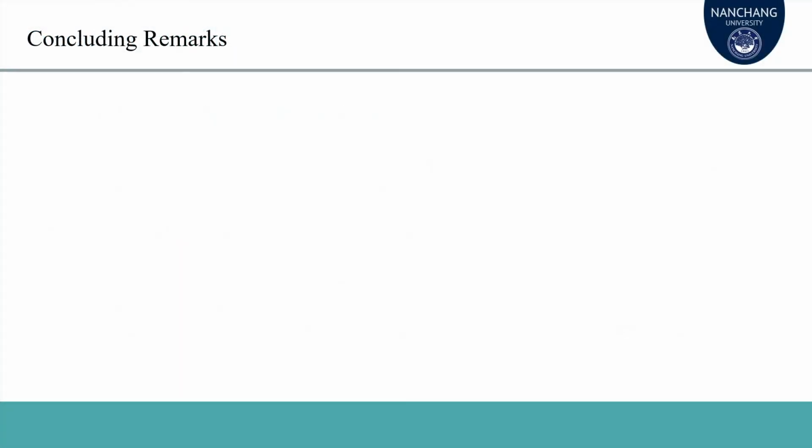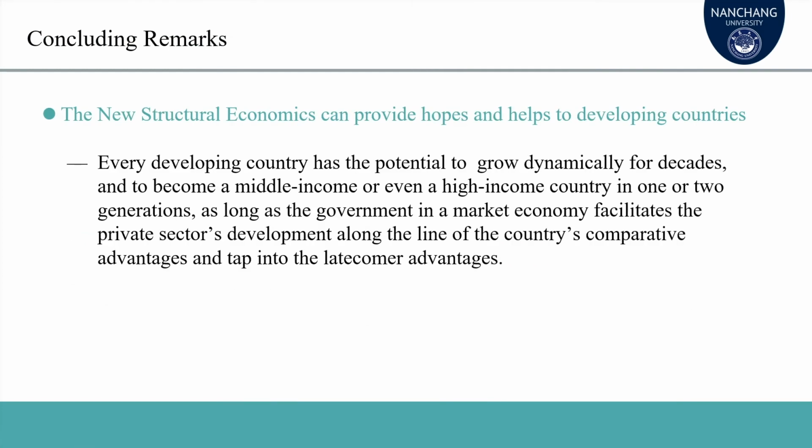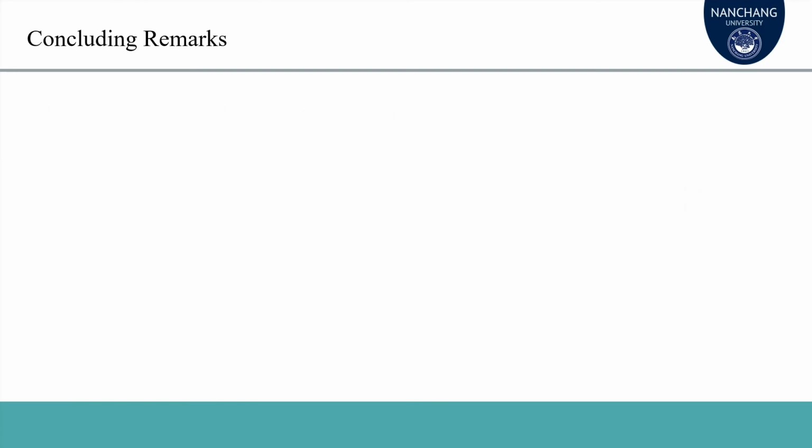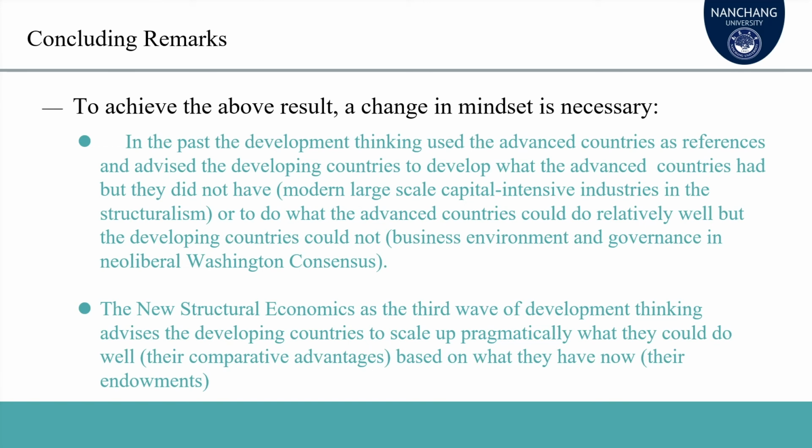New structural economics provides hope for developing countries. According to it, every developing country has the potential to grow at 8% or 10% continuously for several decades, as China did in the past 40 years, or other East Asian economies did after the Second World War.